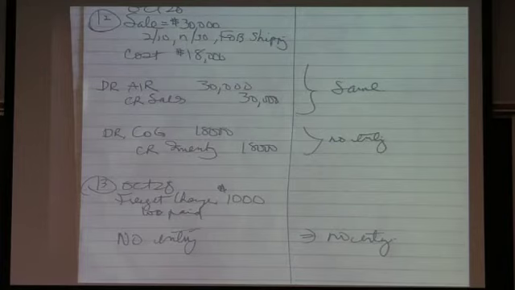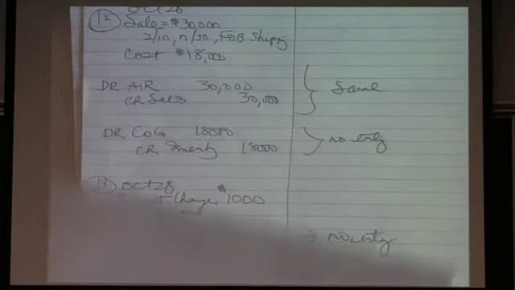Because the only way we can figure out the cost of goods sold is we need to determine how many units remain at the end of the accounting period. Take that value, subtract it from the goods available for sale to determine the cost of goods sold. That entry only happens at the end of the accounting period.